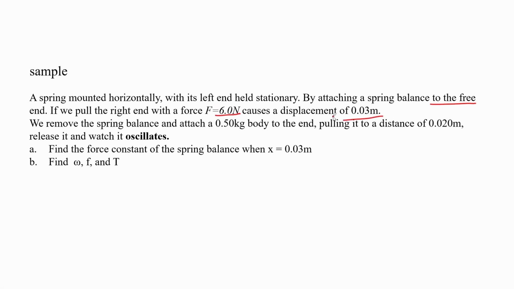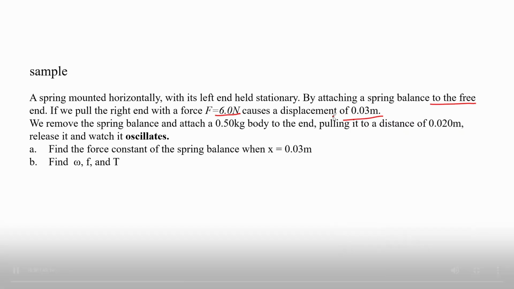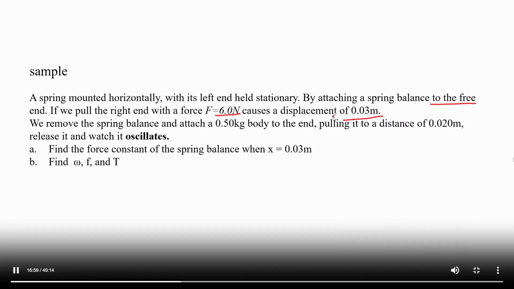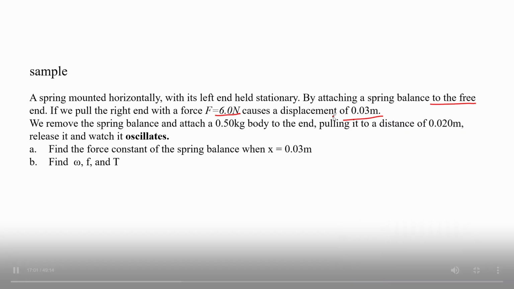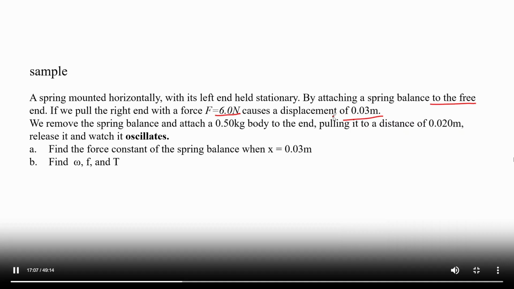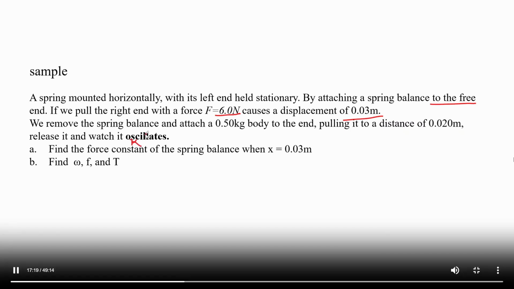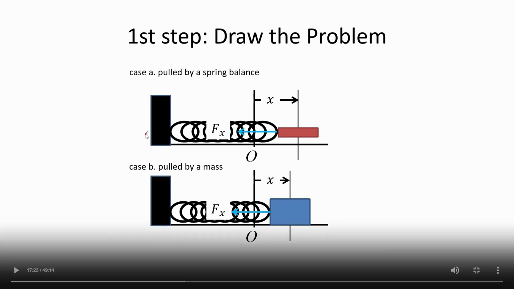We remove the spring balance and attach a 0.5 kilogram body to the end, pulling it to a distance of 0.02 meters, release it and watch it oscillate. Find the force constant when the balance is x equal to 0.03. So this is k, find the force constant. And find the angular frequency and the period. Let's go.